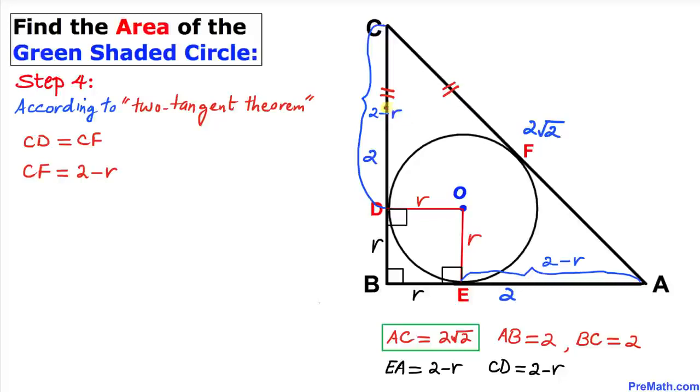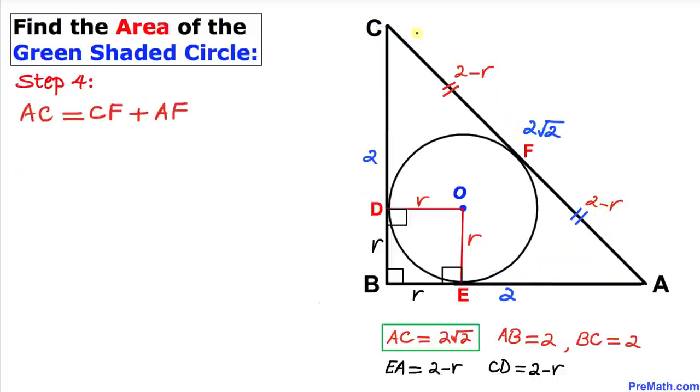And since CD is 2 minus r, so therefore this CF is going to be 2 minus r as well. And likewise on this side, this tangent EA is going to be equal to AF. And since EA is 2 minus r, then AF is going to be 2 minus r as well.